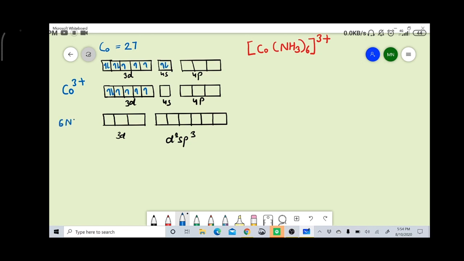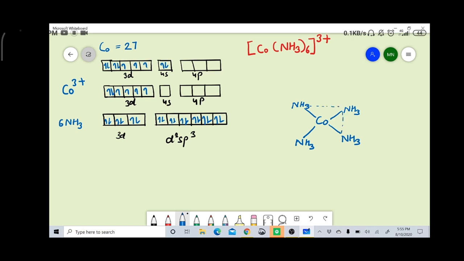When, in the formation of this complex, 6 amino ligands approach the central metal ion, the electrons present in 3d orbitals are forced or pushed inwardly to get paired, making 2 d orbitals available for hybridization. And the hybridization in this complex is d2sp3 hybridization using the inner 2 d orbitals.